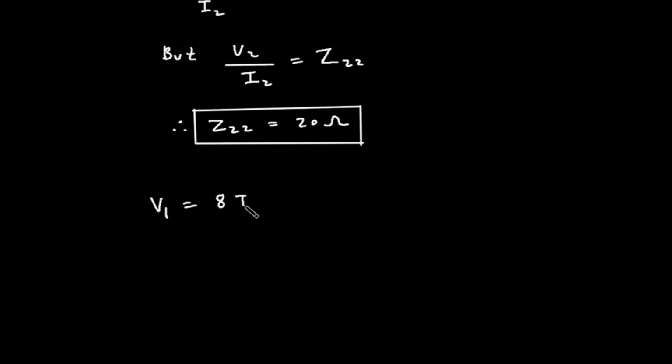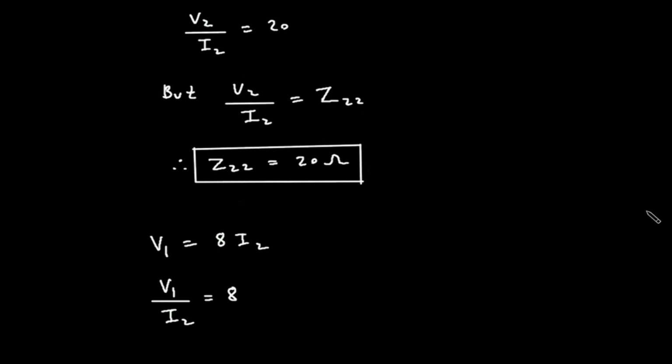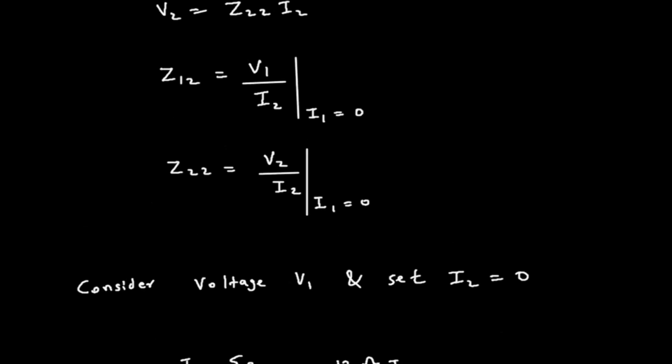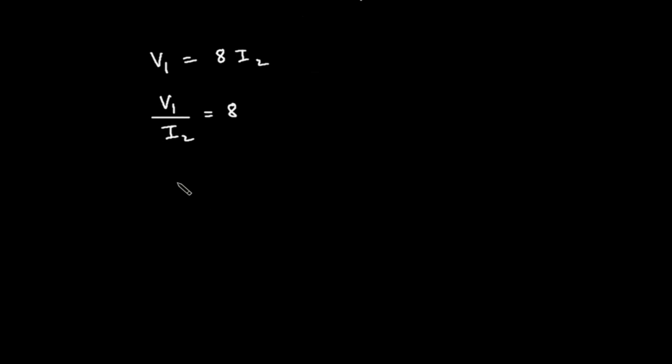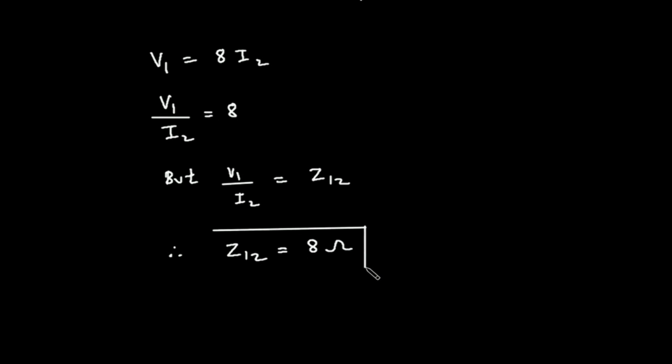From here we can say that V1 divided by I2 is equal to 8. But V1 by I2 is Z12. So therefore Z12 is equal to 8 ohm. So this is the value of Z12.